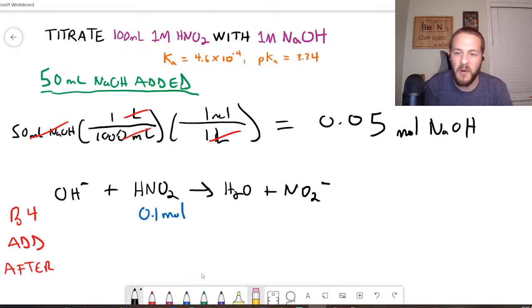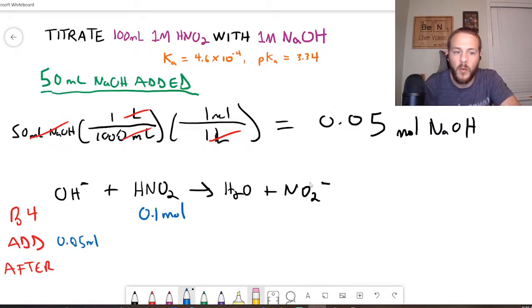All right. So again, initially we have 0.1 moles of our HNO2. That's just a calculation that we've done long ago. It always applies with every single point in this titration. And so the addition of sodium hydroxide in this case is going to be 0.05 moles.